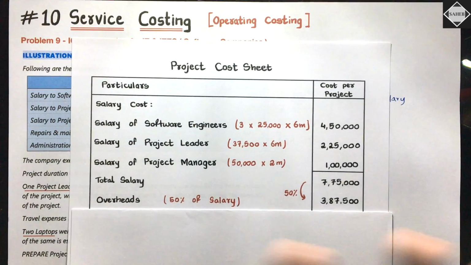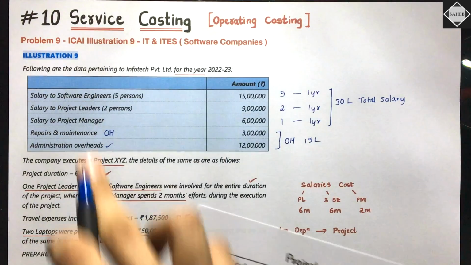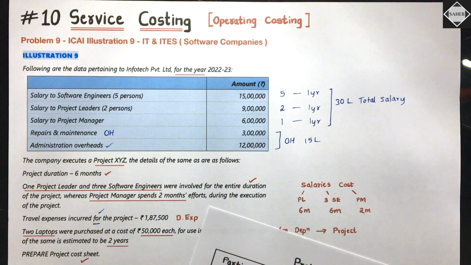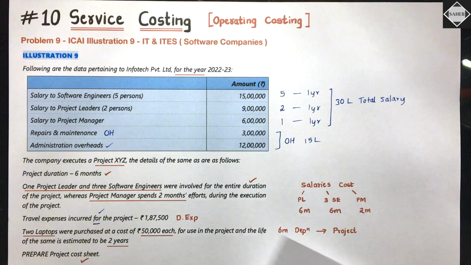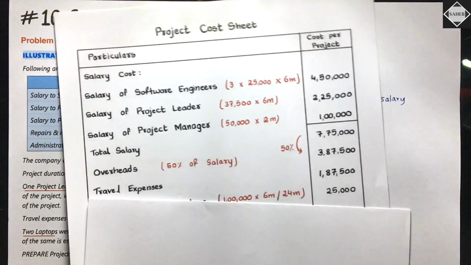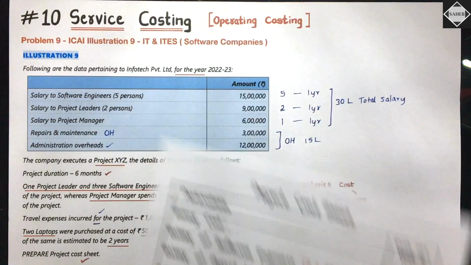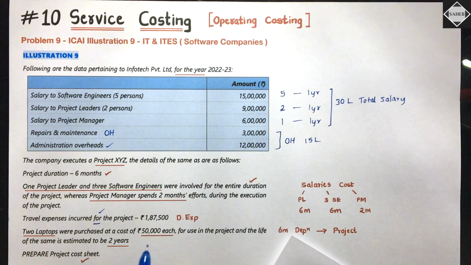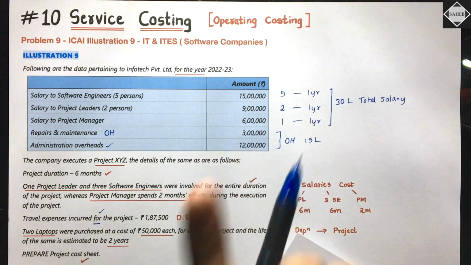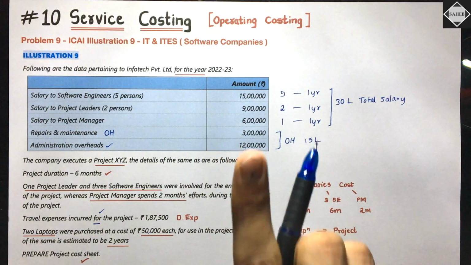So you are done with salary, you are done with overhead costs. Then travel expenses are there. They directly told us it was done for this project only, 1,87,500. So directly take it. And then regarding depreciation, they told us laptops, 50,000 each, into 2, that's 1 lakh cost of laptops.